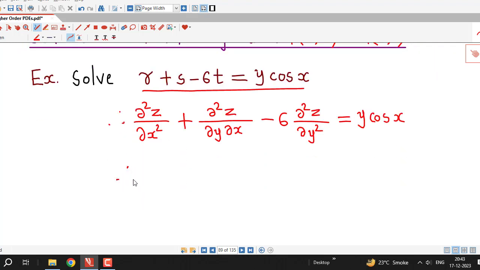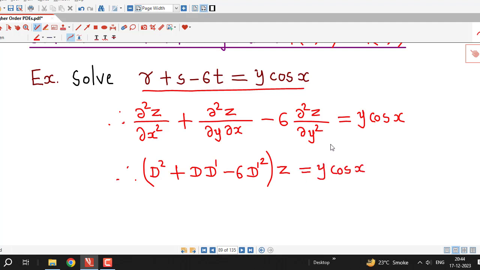We can write this in the form of D and D dash also, as we know that D stands for partial derivative with respect to x, D dash stands for partial derivative with respect to y. Similarly, D dash square is the second order partial derivative with respect to y, z equal to y cos x.